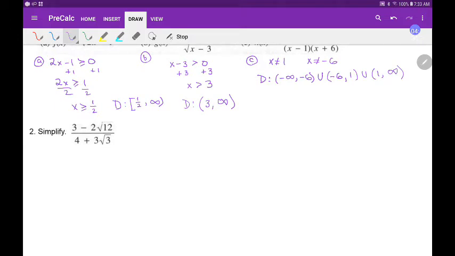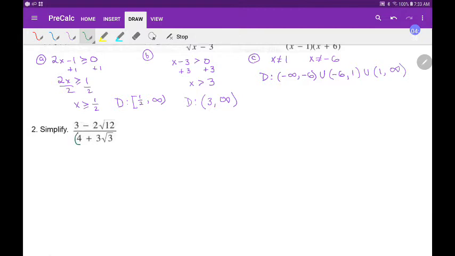Down here on the simplification, let's see. We can't let this radical stay on the bottom, so I'm going to multiply by the conjugate. It's what we do. Same thing on the top, just because we did it on the bottom.